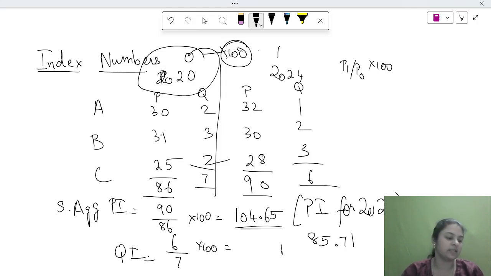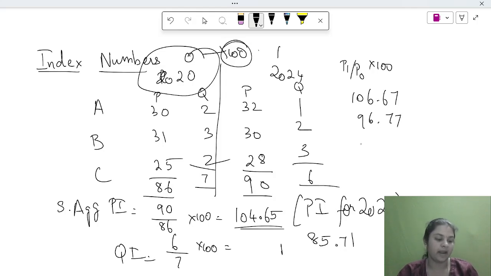Same way 30 by 31 into 100. So first one will be 106.67. 30 by 31 into 100 is 96.77. And 28 by 25 into 100 is 112.